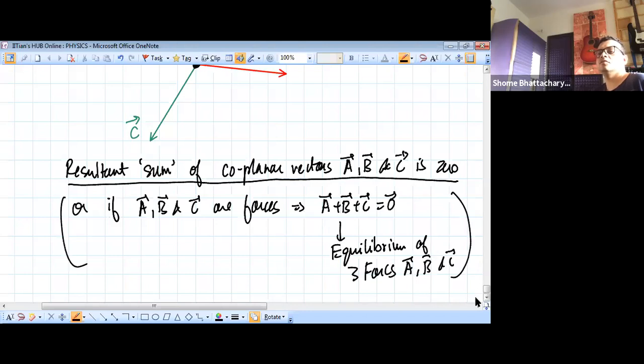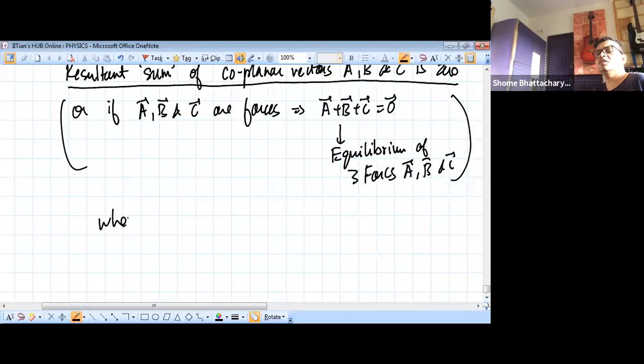So the resultant of these is 0 if this condition is satisfied: E upon sine alpha is equal to B upon sine beta is equal to C upon sine gamma. Going back to the figure, we'll understand what alpha, beta, and gamma are.